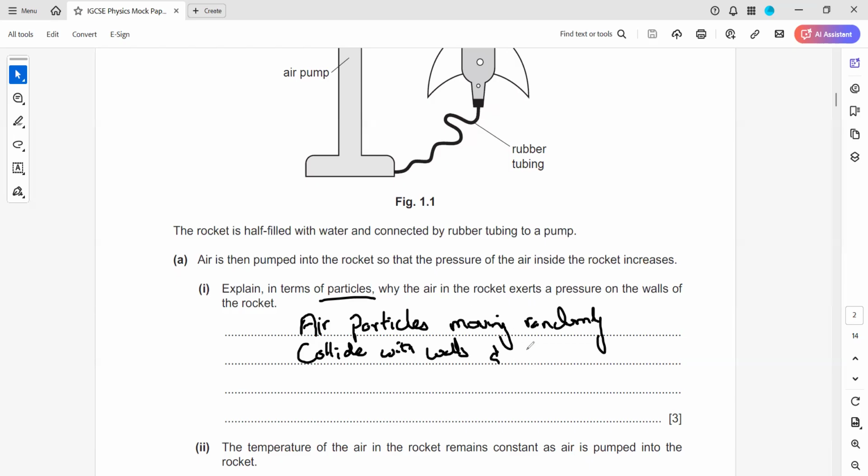And as a result of a collision, they will exert force on unit area. And when they exert force on unit area, it will create a pressure.